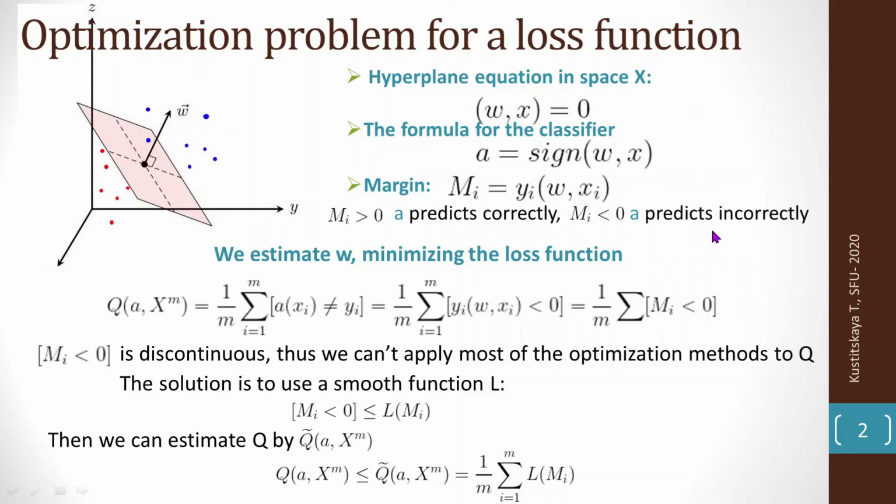As our aim is to minimize the error of our classifier, this means that we need to minimize the proportion of incorrect predictions. We construct the loss function as the proportion of incorrect predictions, when our classifier fails to predict the correct class.